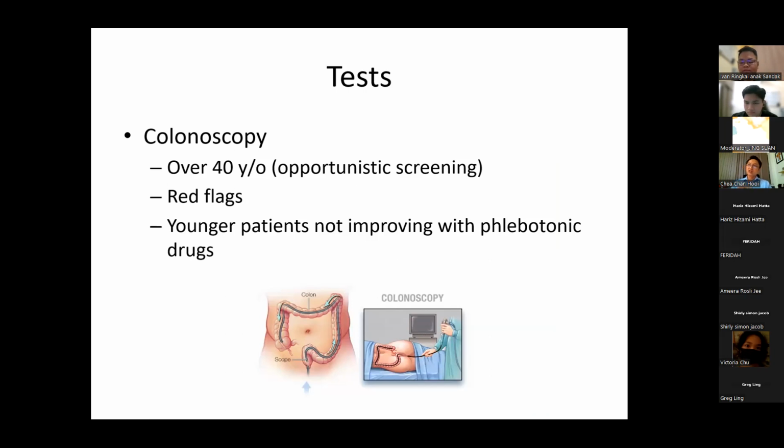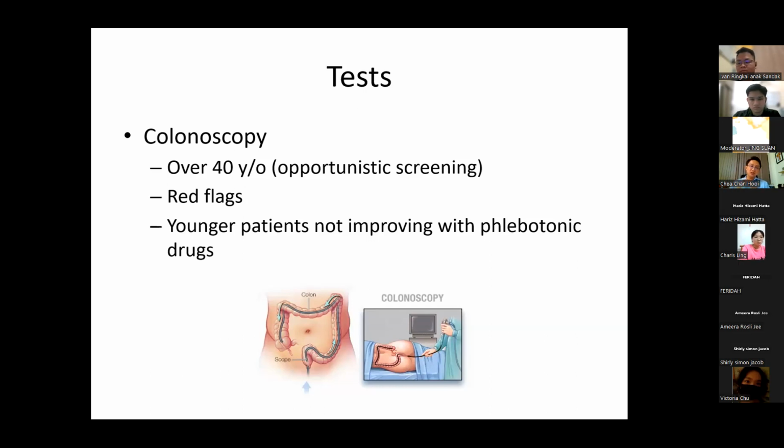Okay, because after 40 years old, the incidence of colorectal cancer or polyps will start to increase. So that is when we will offer colonoscopy for patients. And it also serves as an opportunistic screening method to detect colorectal polyp or even cancer.